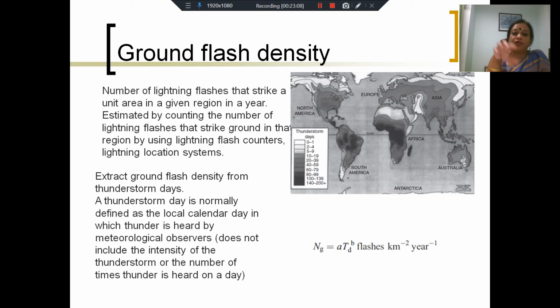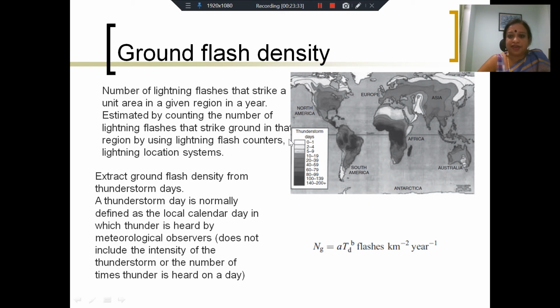Now, even though we are in a position to count the lightning in a year, most of the time engineers will use, instead of actually counting the lightning discharges, the count of thunderstorm days. As you can see in this picture, here what you have is a map of the thunderstorm days. And this is a geographically dependent factor.